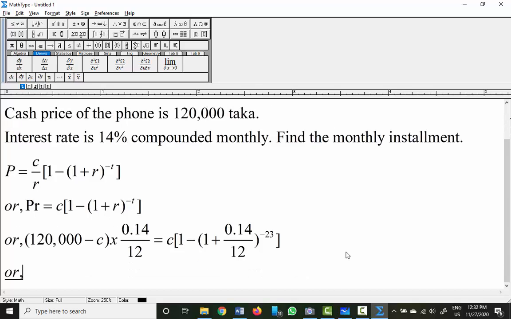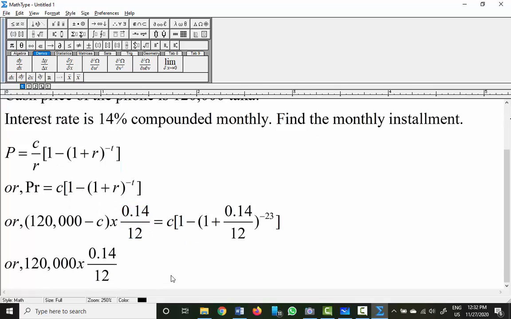Right, so let's do it. So here what we will need to do. First of all, we multiply this one by this one, minus this one multiplied by C. That means we are multiplying this with both of these elements inside the bracket.